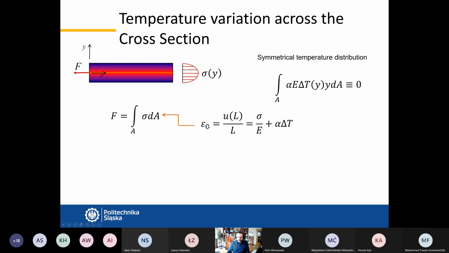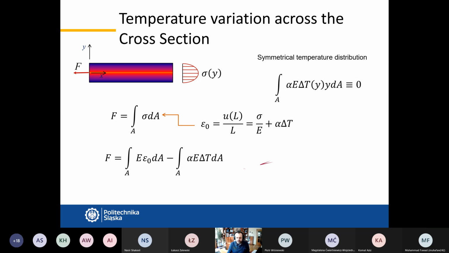So if we calculate stress from here and put it there, it will look like this. So the force will be equal to the integral of E epsilon 0 dA and the integral of alpha E delta T dA. So two factors, just changes in the formulas.